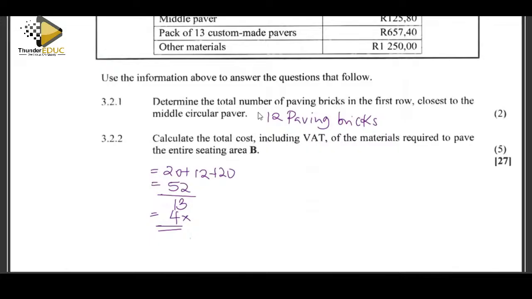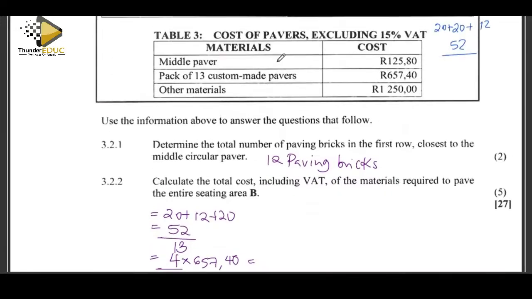So how much is one box? It's 754. Okay. We are looking for money now, so the answer here would be in money. What else do we need to consider? The middle paver. How much is it? 120. 2580.